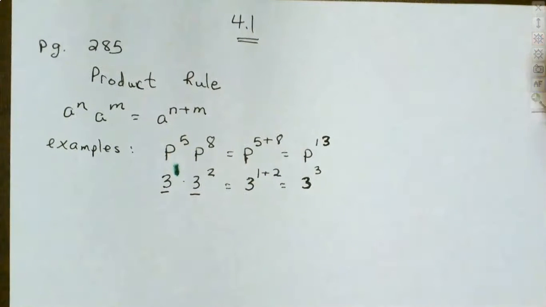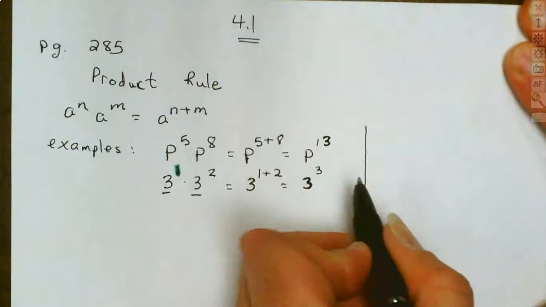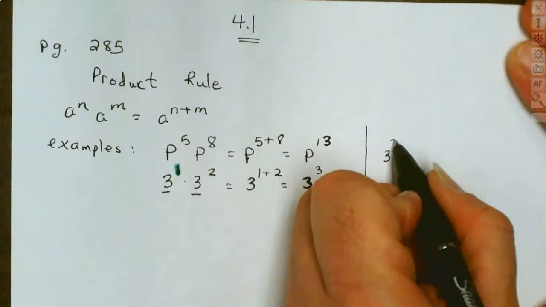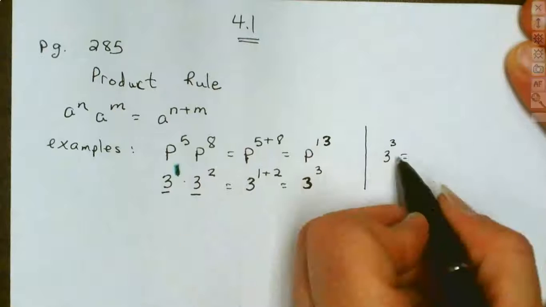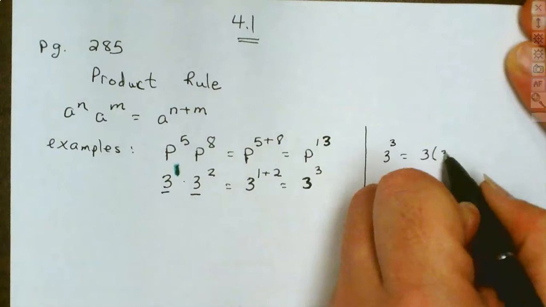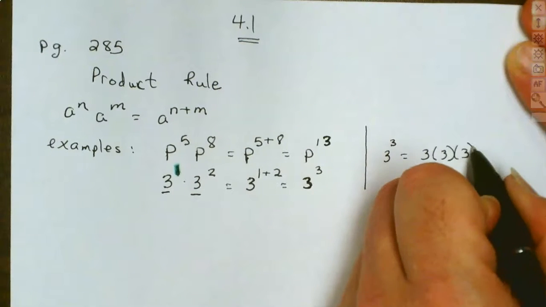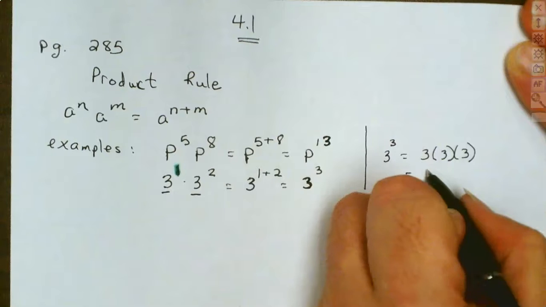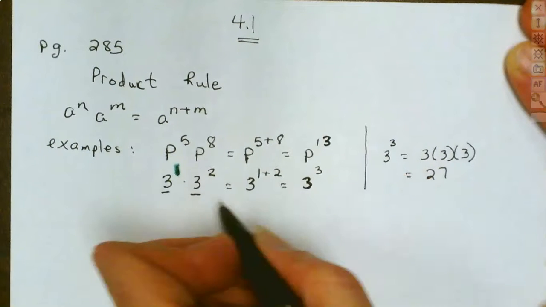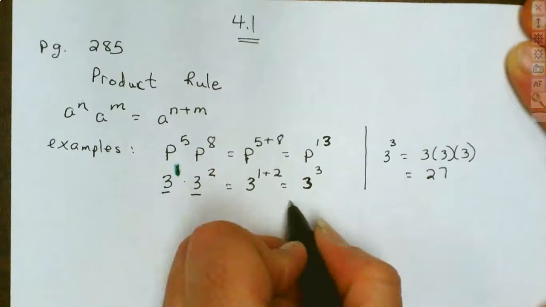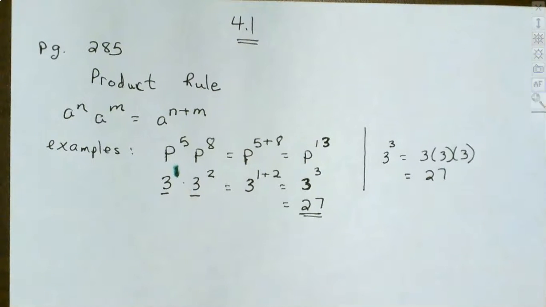Now, how do we evaluate 3 cubed? Well, what is 3 cubed? 3 cubed is 3 times 3 times 3, which is then 27. So that one would come out to be 27. If the power is small, like a 3 or a 4, then we evaluate it down.